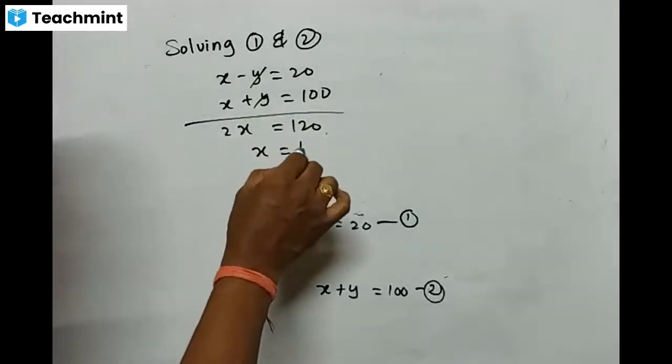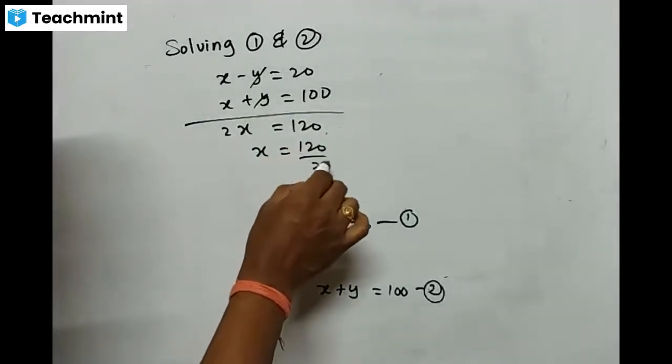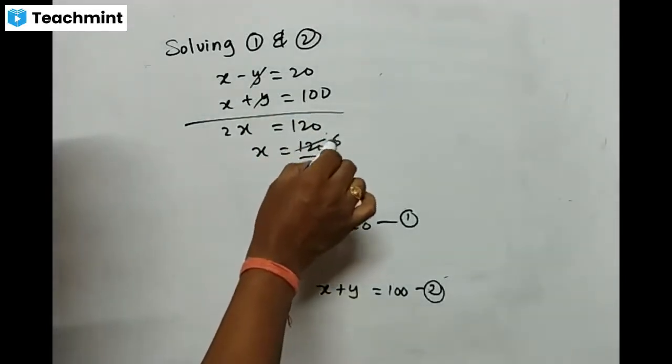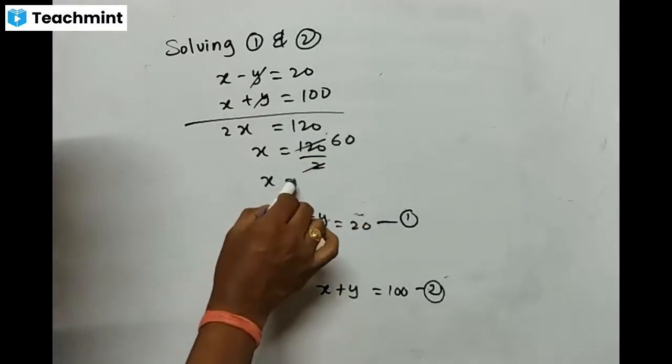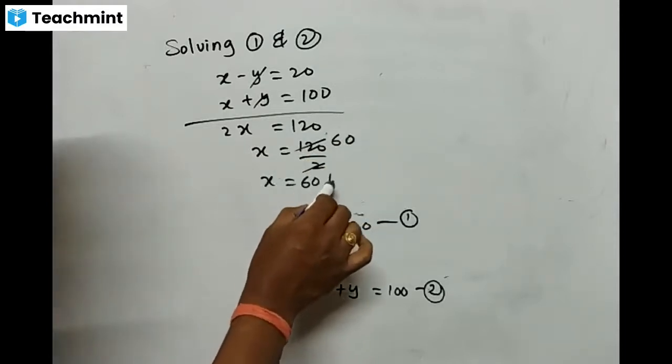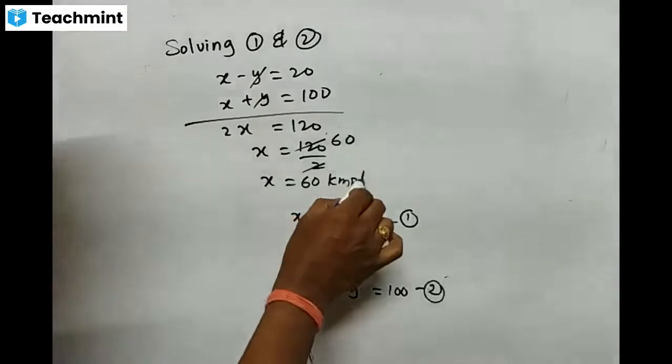X is nothing but 120 by 2, which is 60. The speed of the first car is 60 km/h.